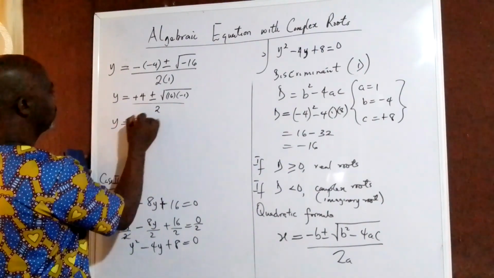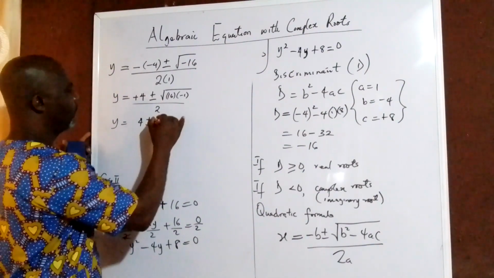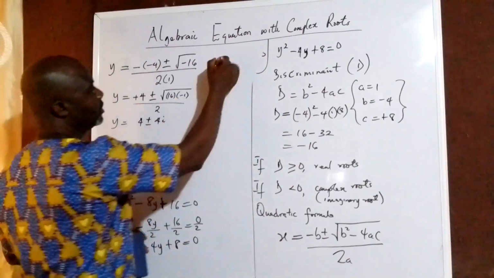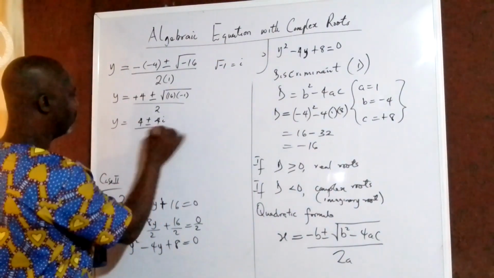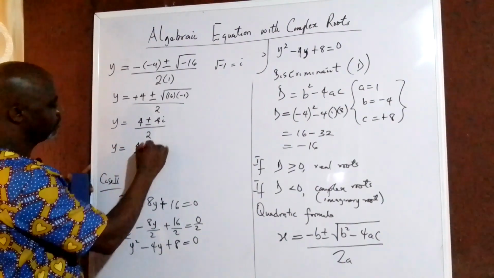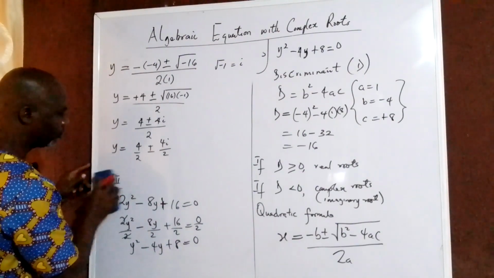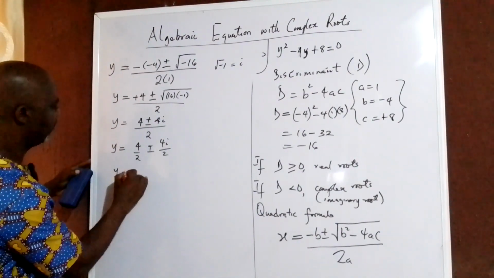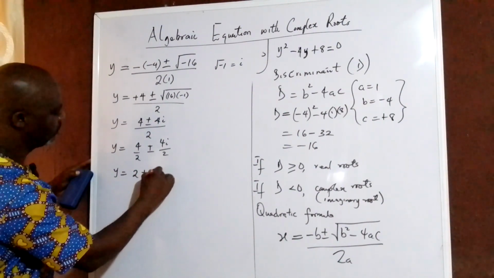So y gives us 4 plus or minus the square root of 16, which is 4, and the square root of minus 1 is i, over 2. So we have y equal to 4 over 2 plus or minus 4i over 2. So y will be equal to 2 plus or minus 2i.